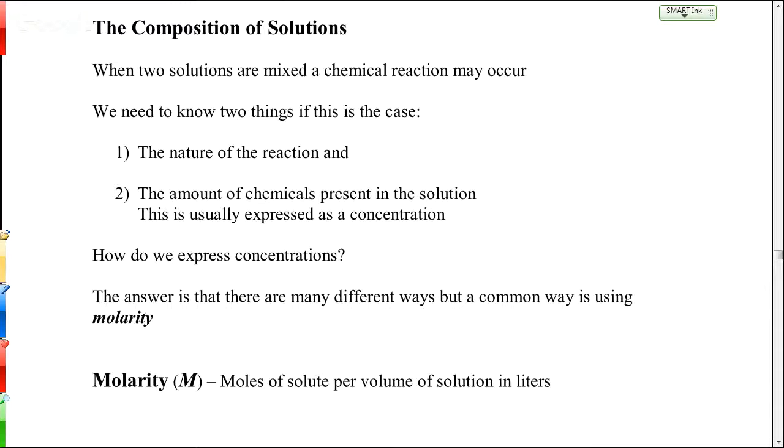So the way that we express that is a measurement called concentration. You've probably heard of concentration before. We've used it a little bit in lab. And the main concentration that we're going to use in this class, at least right now, is called molarity. Have you heard about molarity before? Some people in previous chemistry classes. Molarity is a way to figure out how many moles of solute, the stuff you're dissolving in there, are in a particular volume of solution.